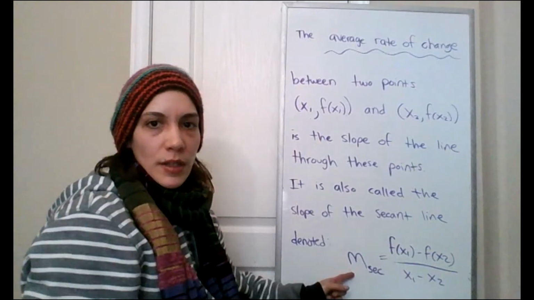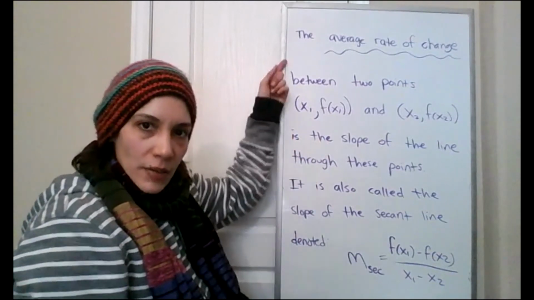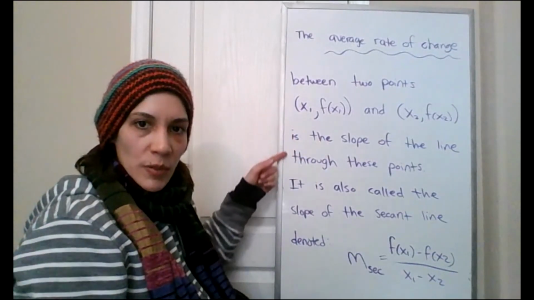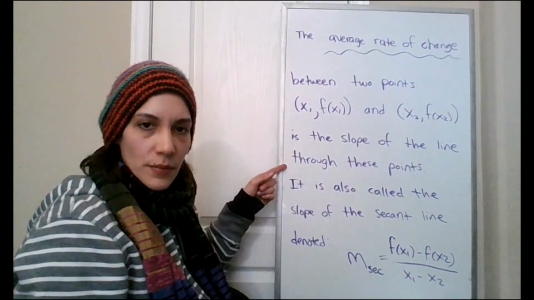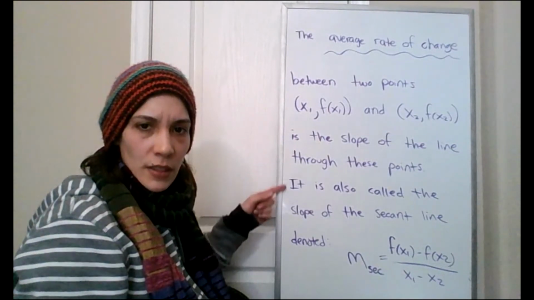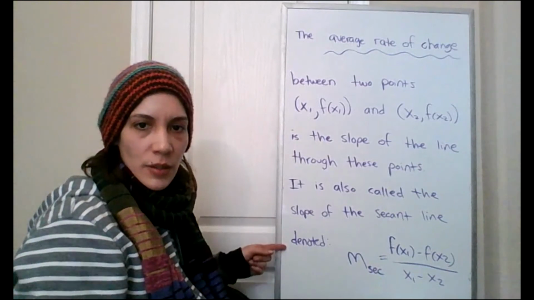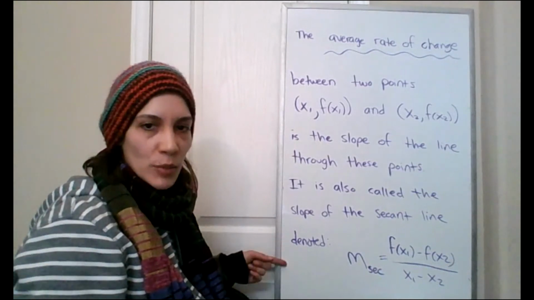It's just a specific slope. The average rate of change is the slope of the line that passes through the points. It's also called the slope of the secant line, denoted m sec. It's just a slope.